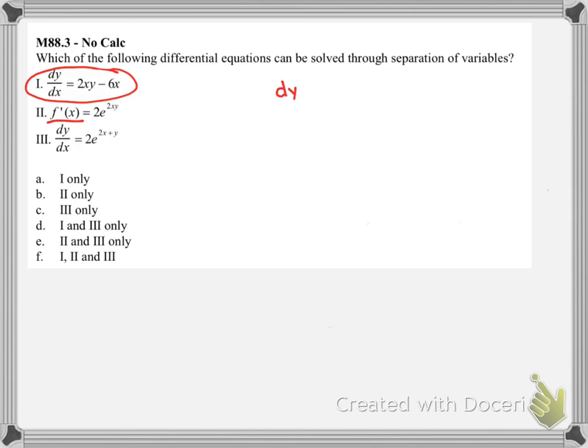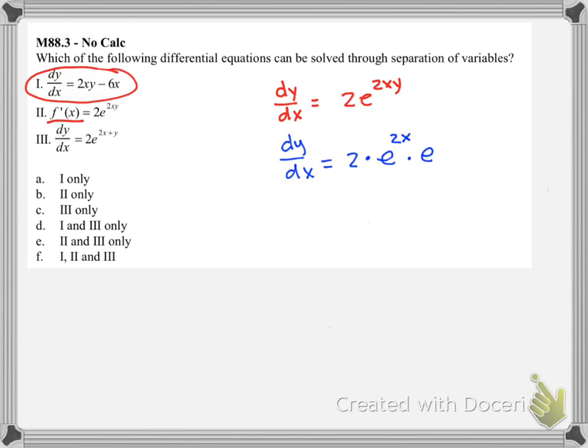The second one is written as f prime, but that won't confuse us. We'll rewrite this as dy/dx equals 2e to the 2xy. Well, we can rewrite this using our power rules as dy/dx equals 2 times e to the 2x times, wait a minute, we can't rewrite this.